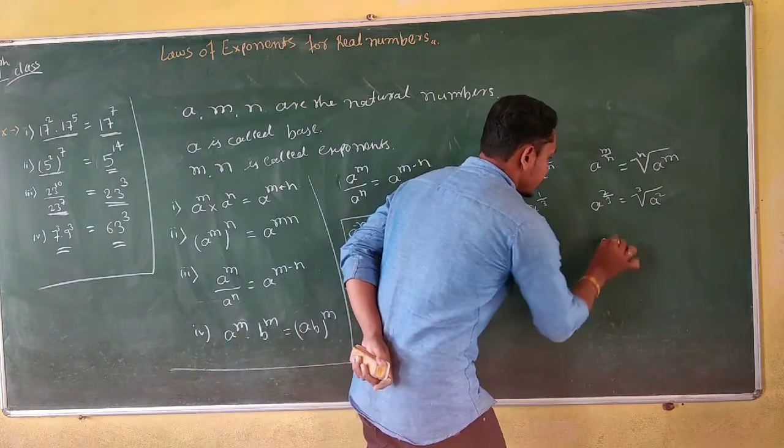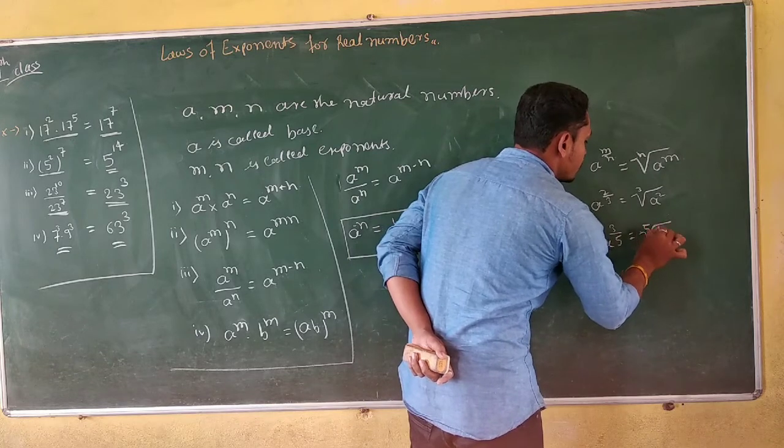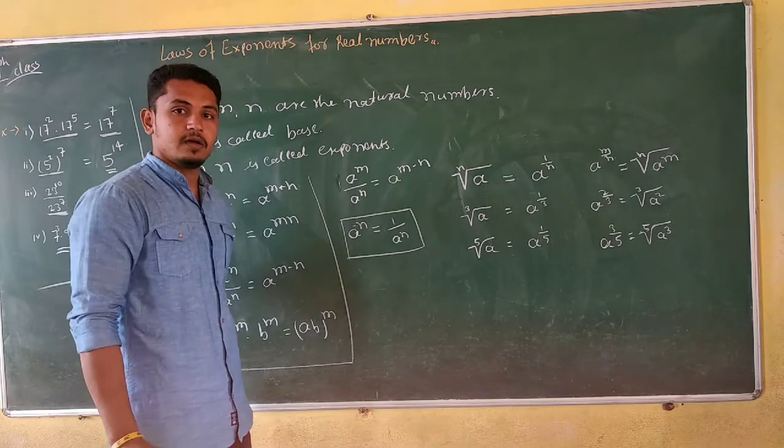Next, a to the power 3 divided by 5 is equal to the fifth root of a cubed.